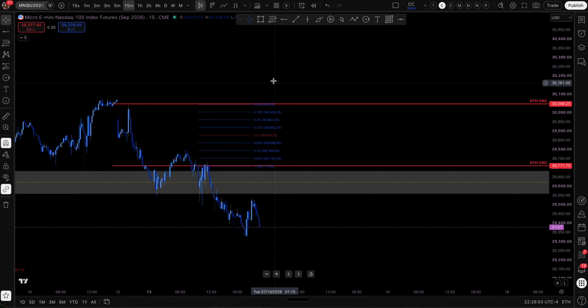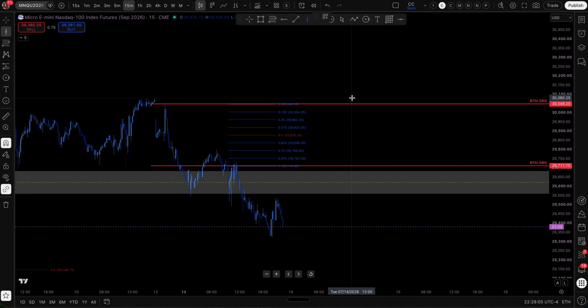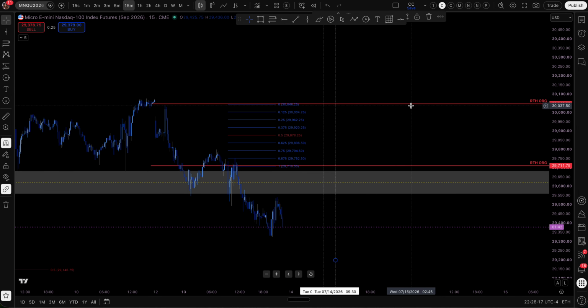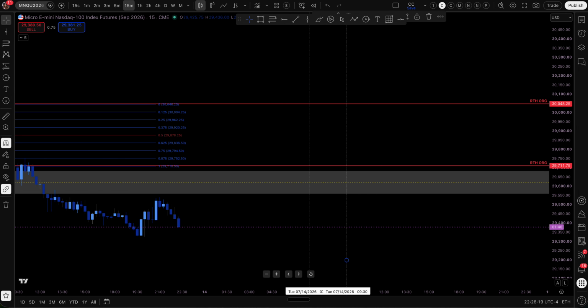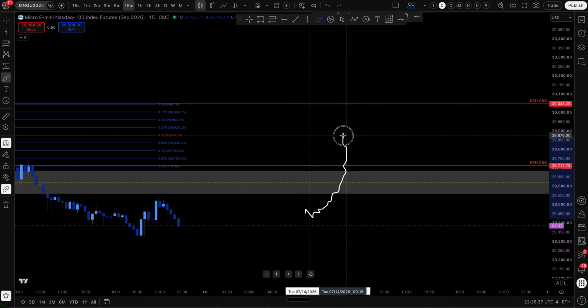Ultimately, this is my plan for tomorrow. Tomorrow starting at 7 a.m. Tuesday, I like to put a line here from this 7 a.m. on to 9:30. I'm looking for price to show interest in potentially, this is me printing price, going up and coming into this 50% mark here, at least during that time.